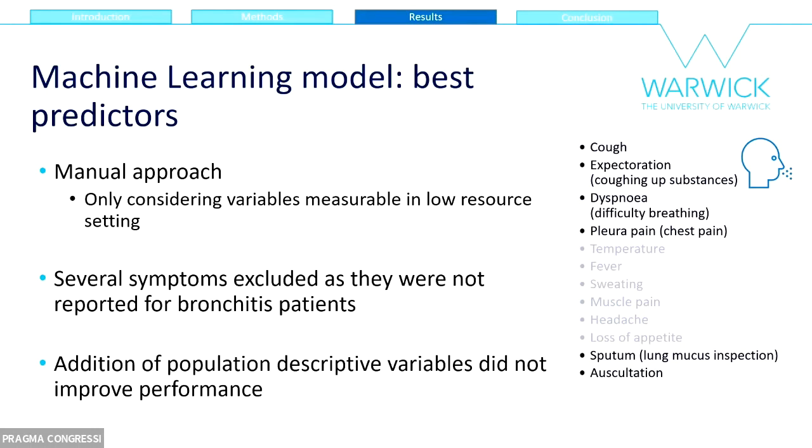So these were all categorical variables that we had, and several symptoms, in fact, we had to exclude from the analysis because they were only collected in the patients with bronchitis. And we wanted to test whether adding the population descriptive variables could improve the performance, but in fact we found that they made no difference, so we excluded them.